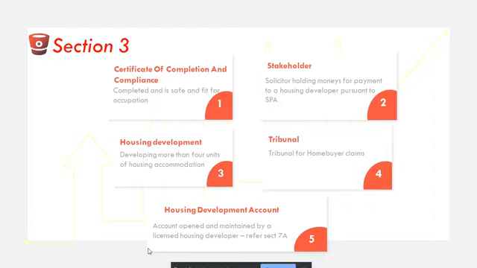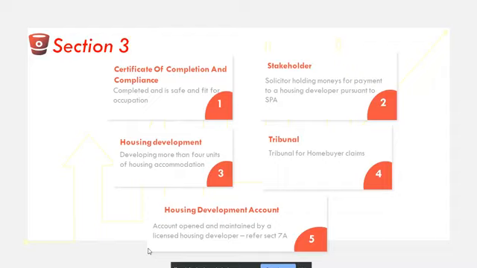When the CCC comes out, it confirms that the project has approval from the local authority, has completed all requirements regarding health and safety aspects, and is ready to occupy because all essential utility services are connected. For example, water is in, electricity is in. So the CCC will come out.